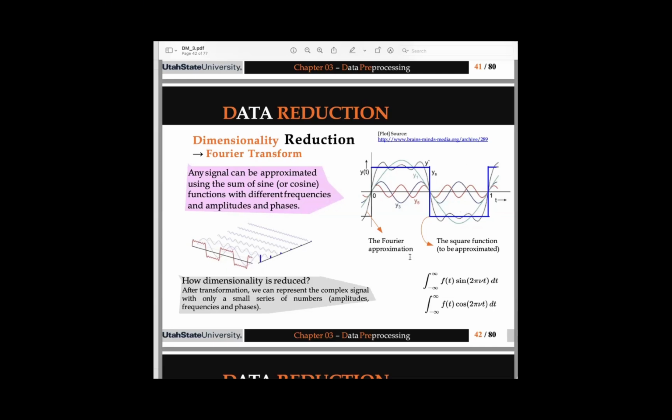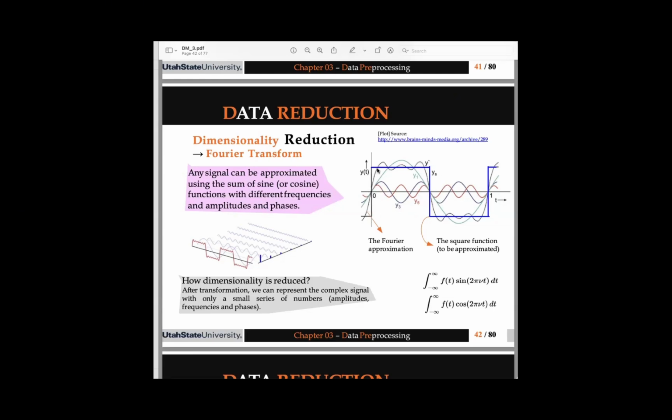You could see here in this figure on the top right that my Fourier approximation, which is the aggregation of all the sinusoid curves that we have in the slide, is the dotted line over here, right? And you could see clearly that it is an addition of the blue with the red, and the deep blue sinusoidal curve that we have here. So y3, y5, and the first y in this case.